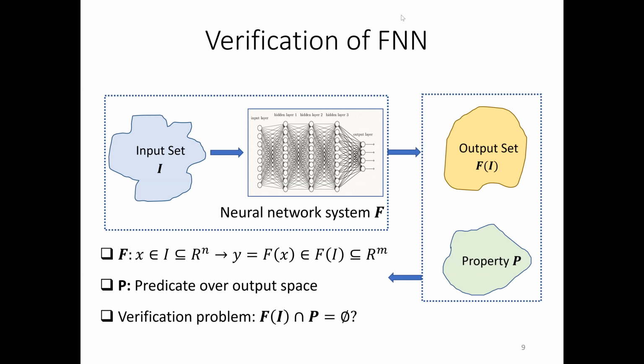Second question then, can you give an example of what these properties P consist of? Because I'm thinking about this output set as a series of values. So would property P consist of some constraint against the output values that we would see? Yes, yes, that's correct. So basically, the property P is going to be a set of constraints, right? You can imagine it's like a linear constraint. So in this class, we're going to focus on linear constraints. Okay.